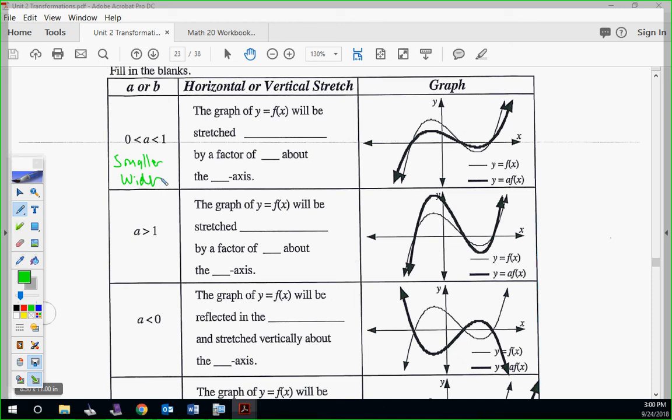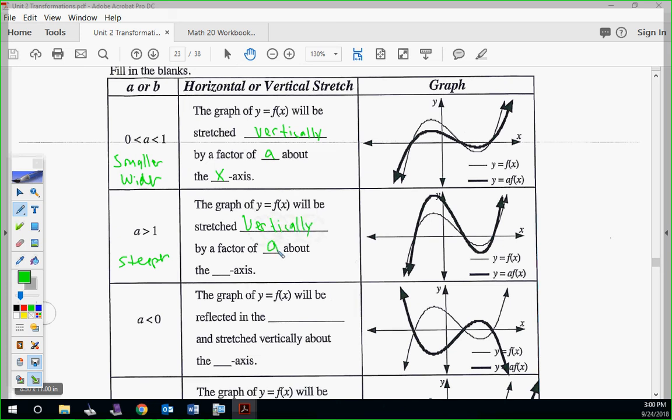And when it's bigger than 1, it's going to be steeper. So see how this black line is steeper than the original? This one's wider than the original. Just something to think about in terms of what they're doing. But either way, they're both vertical stretches by a factor of A about the x-axis.